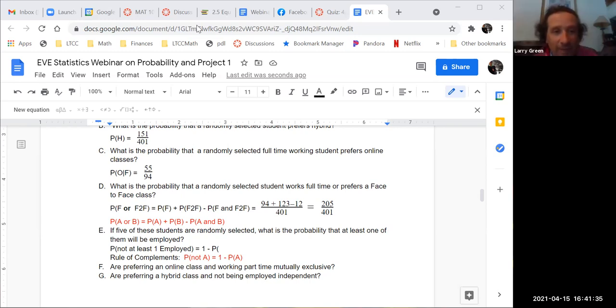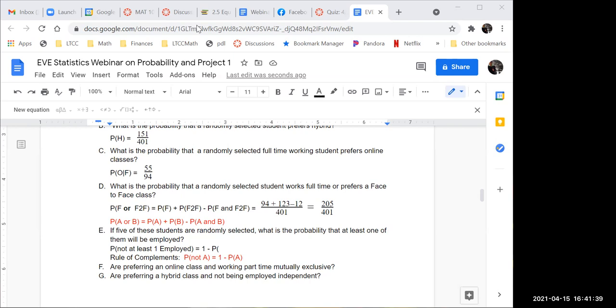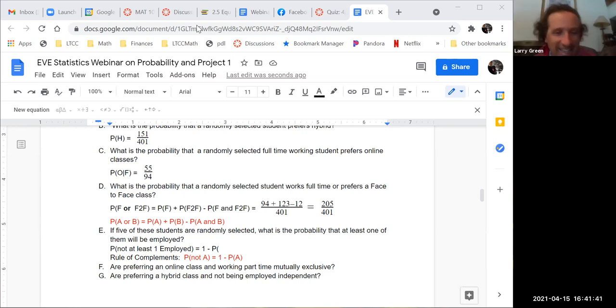Okay, which is the truth, by the way. This ticket was really bad. Okay, the idea is not at least one employed means none employed. Any questions so far?